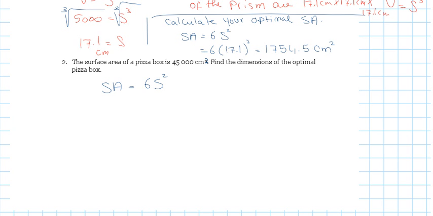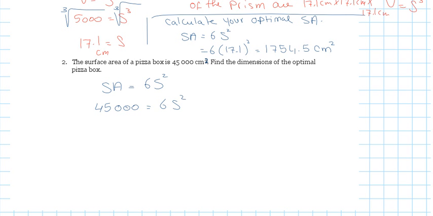So you know your surface area, which is 45,000. So what do I have to do here? Divide both by 6.